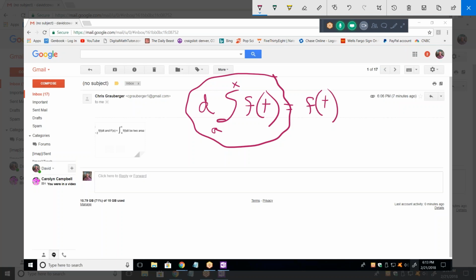The strange part here is that as long as it goes from a constant to x, then it's always actually f of x, not f of t. It's always f of x, no matter what the constant is. That constant can be minus 100 or it can be a million.